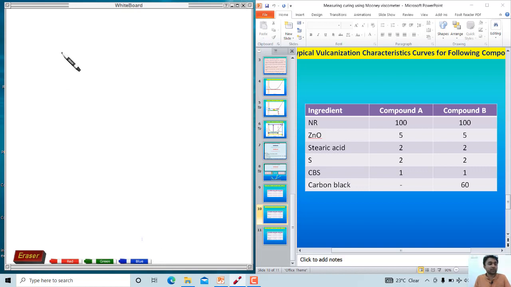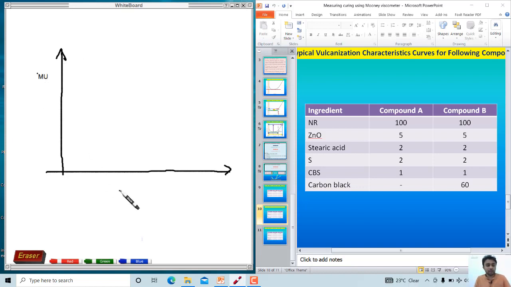So before everything, we have to plot the curve, axis, here Mooney units, here time in minutes, right? And here 1 minute preheating time.